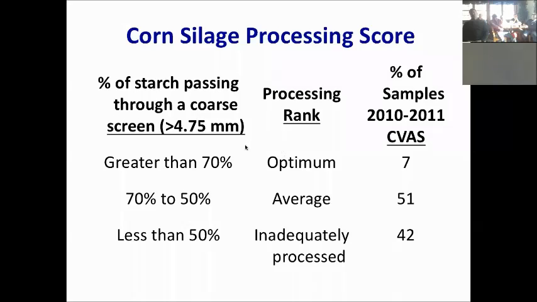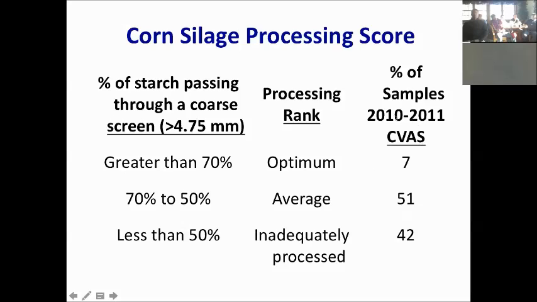If you have a sample of corn silage that has been determined to have more than 70% of the total starch in the sample go through the 4.75 millimeter screen, it will give you a rank of optimum. Between 50 and 70 is average. Less than 50 is inadequately processed.